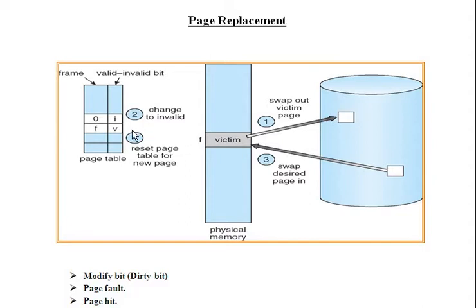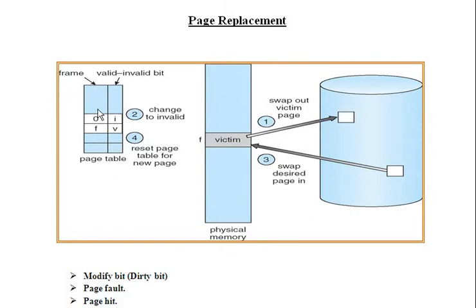Later, it is the work of the OS to make sure that when you swap a page out from main memory to secondary memory, and swap a page in from secondary memory to main memory, the page table is updated. Otherwise the CPU will not know whether the particular page is there or not, and it will be difficult for the OS to handle such situations.